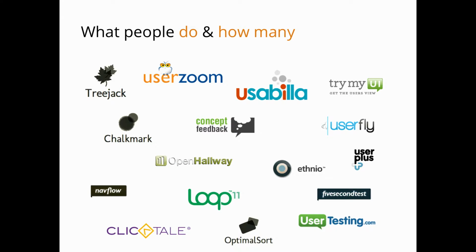We use Loop 11 to test the workflow, so the journey throughout a product, and this is particularly interesting when you have a very specific workflow, like a checkout process in your e-commerce site. And then we also use usabilitytesting.com, and this is for unmoderated usability tests, where you're not actively there, but they just get the tasks and the questions from a system.